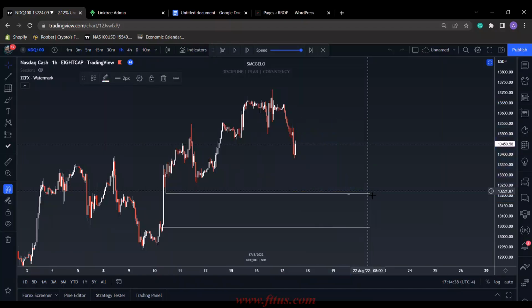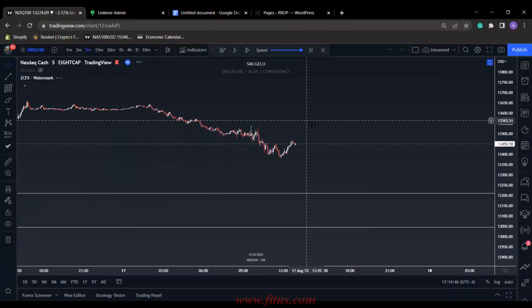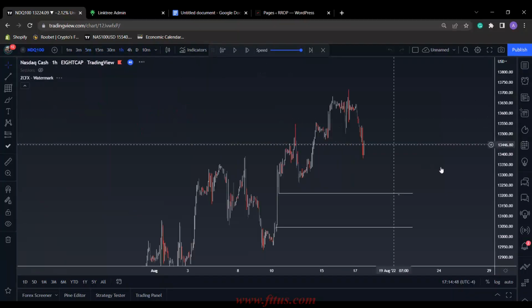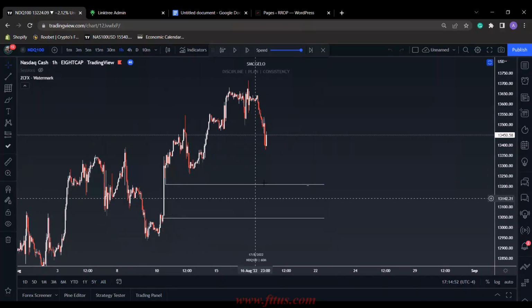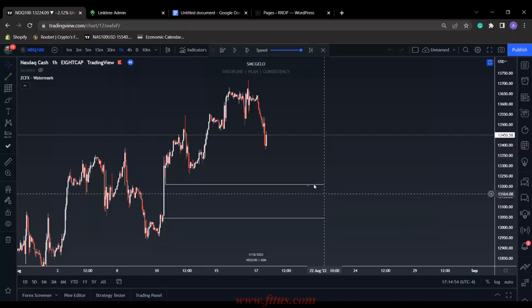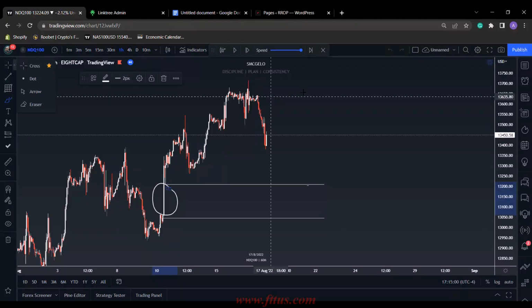We're trading back up. First of all, this huge imbalance right here, we need to trade into this. We need to somehow come down and start selling into this area, because there is a huge gap right here that needs to be fulfilled.